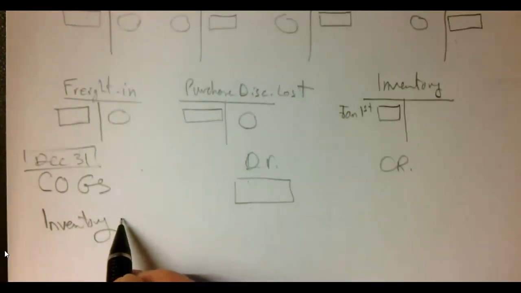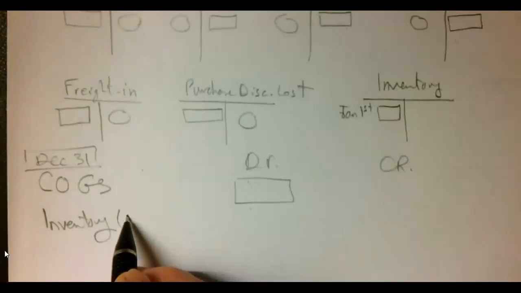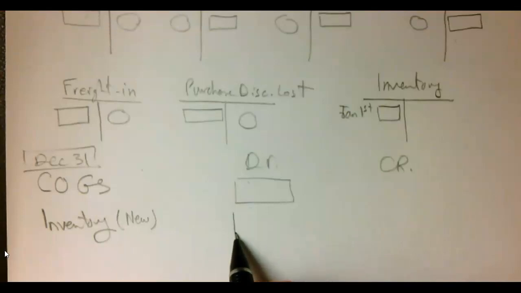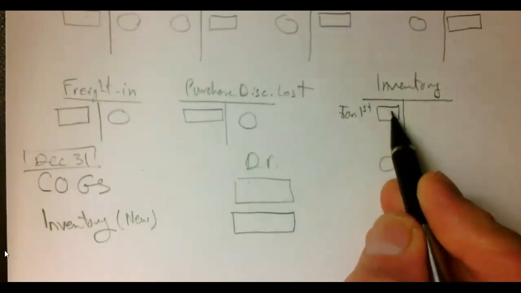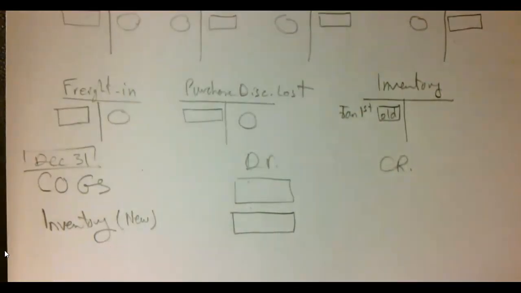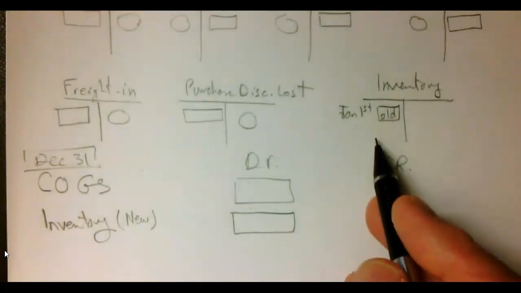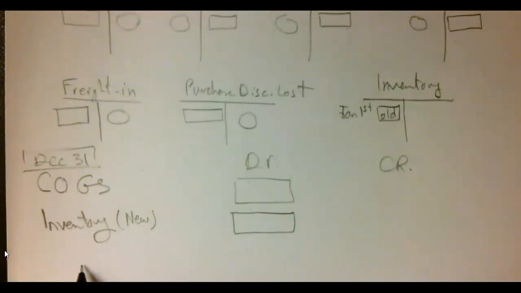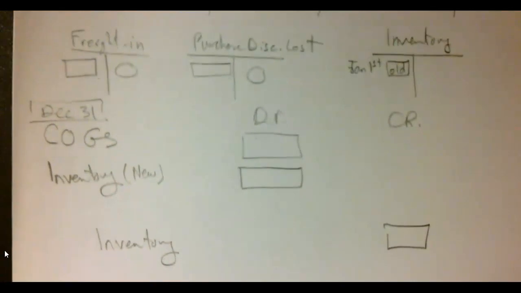The new inventory that you want to have on December 31st, you have to debit that and close the old one. This is the old one, but the new one needs to be debited. So you debit that new inventory. The old inventory needs to be closed. That's a credit. So the inventory needs to be closed.